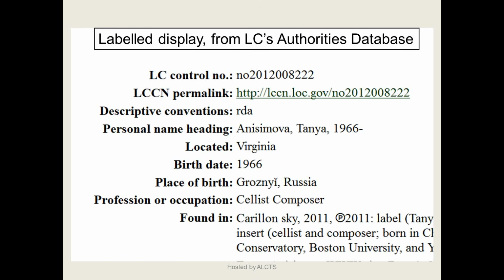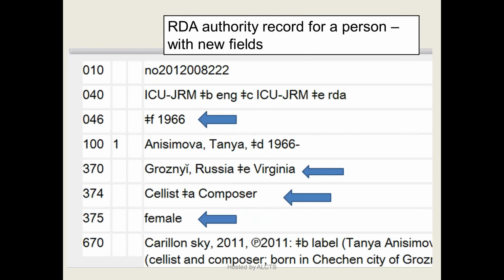This is the public view of an RDA authority record in LC's authorities database. You may notice that it identifies this person's birth date and her place of birth, as well as her profession or occupation. This is the MARC view of that same record, so you see where that information is coming from.